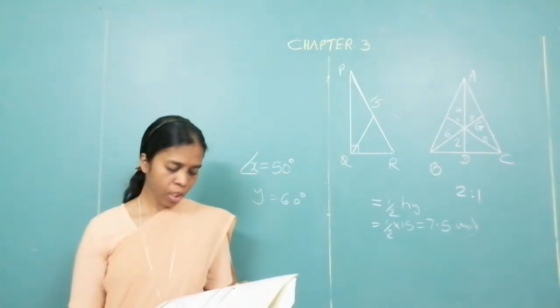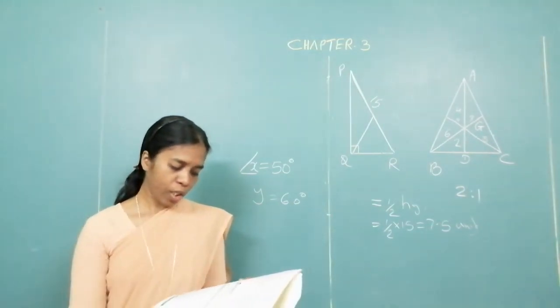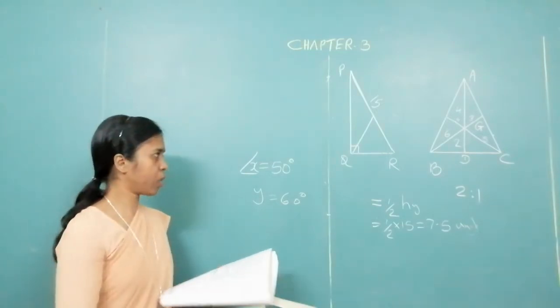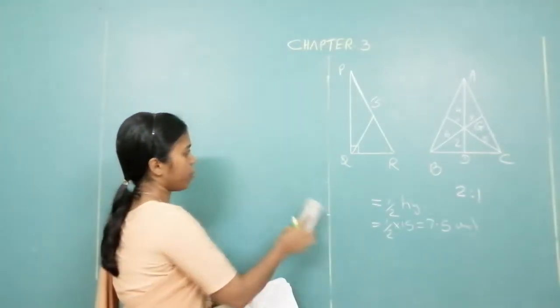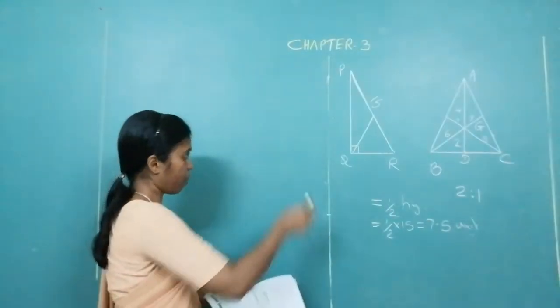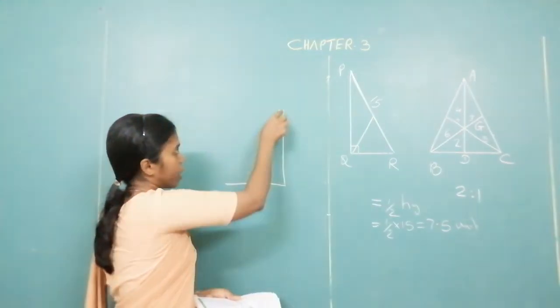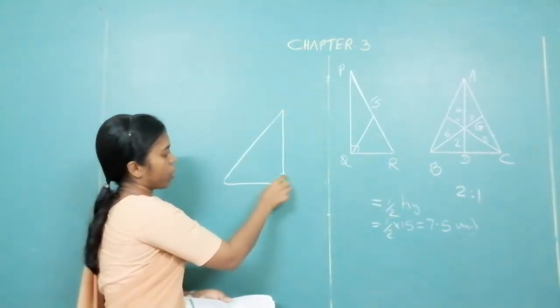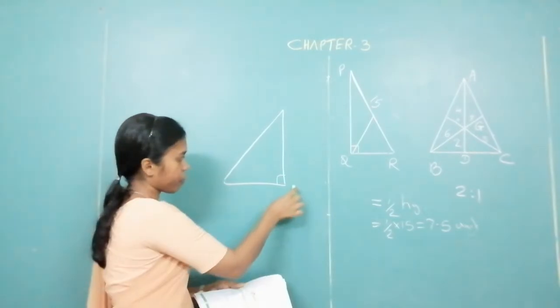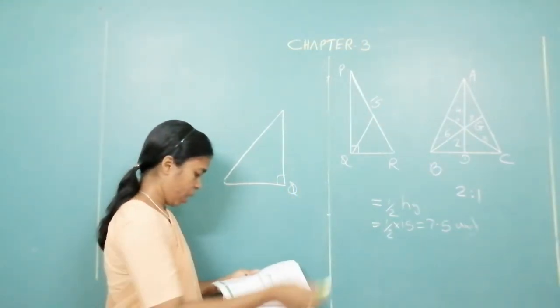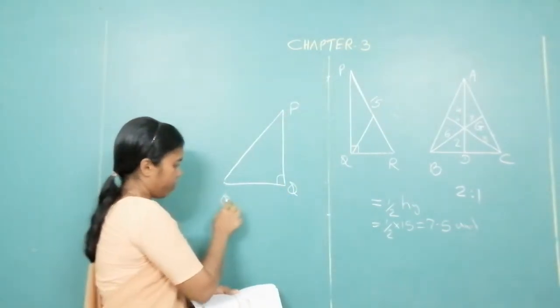Question number 3. In triangle PQR, Q is 90 degrees. So draw the diagram properly. You have a triangle PQR where Q is 90 degrees.